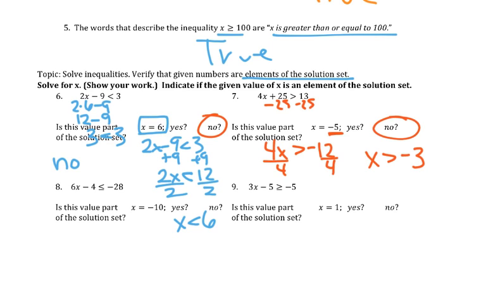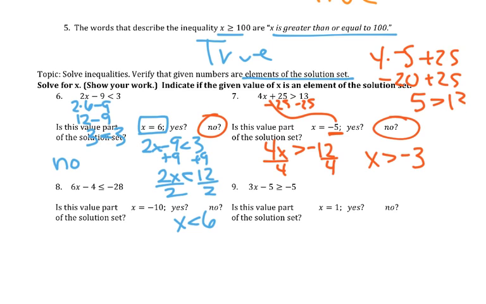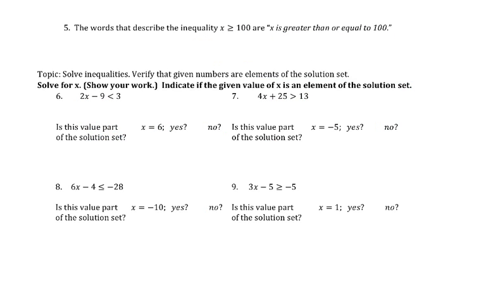Okay, it's not part of the solution set. Again, I could have taken that negative 5 and went 4 times negative 5 plus 25, and I would have gotten negative 20 plus 25, and got 5 is greater than 13, which is not true either, so that would tell me it didn't work either. Kind of two different ways to think through it, but it works.